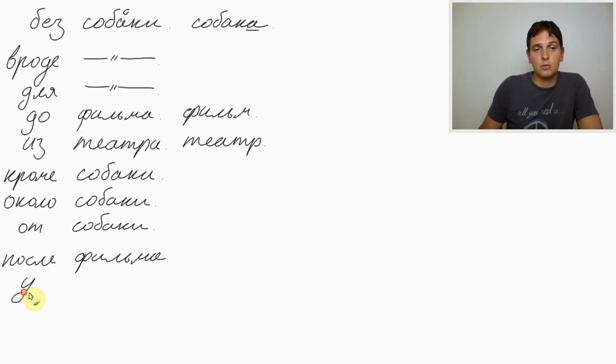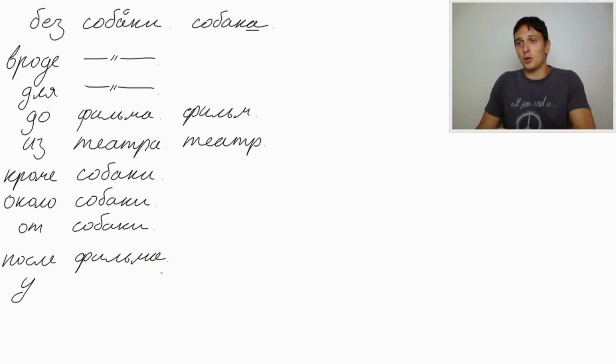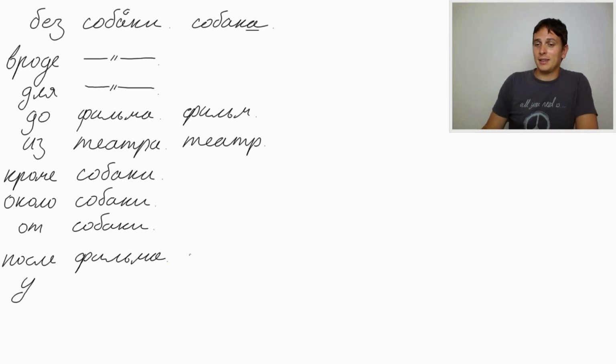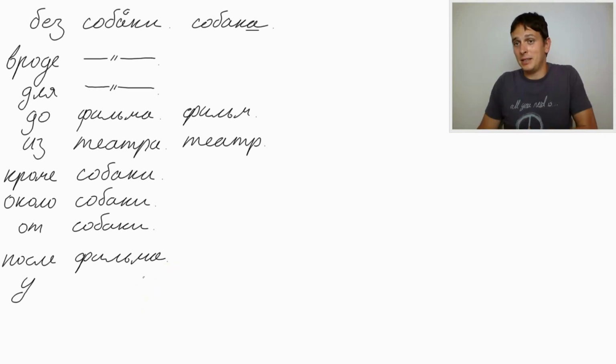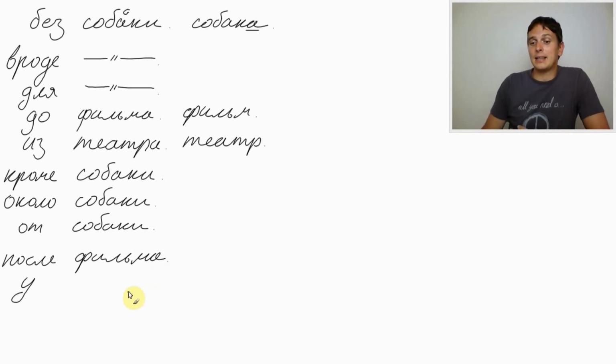Next one is у. We already came across у, and it was a difficulty for me to translate it because it has several meanings, and the meanings depend on the context. So у means by or at. So у собаки is by a dog. If I wanted to visit a dog, I would say I'm at the dog's. Я у собаки. У also means at somebody's place, for example. У меня дома, at my home. So being at someone's place would be referred to with у.